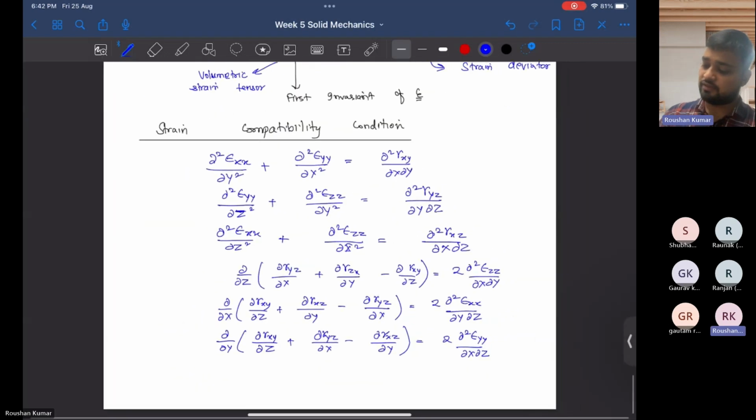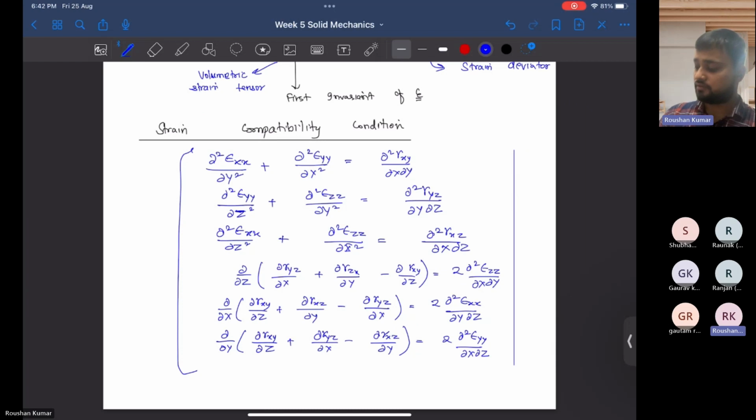So these are the six conditions for strain compatibility. This ensures the independence of the path between the two line elements.